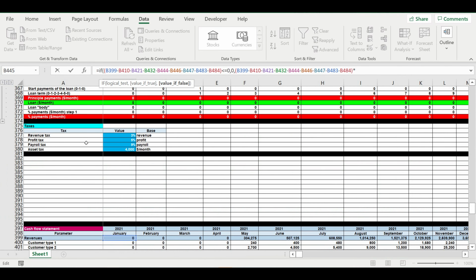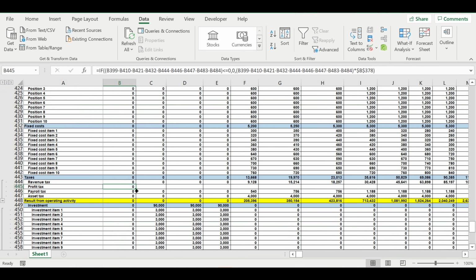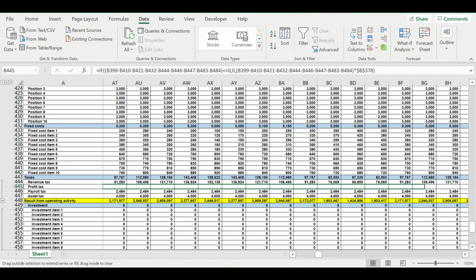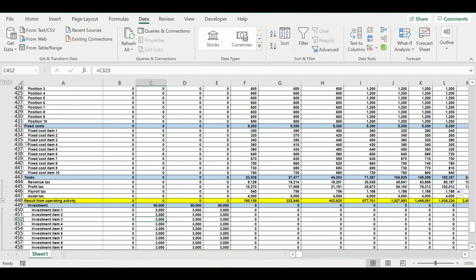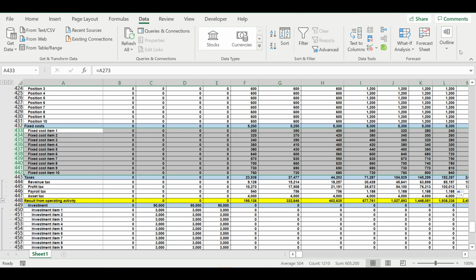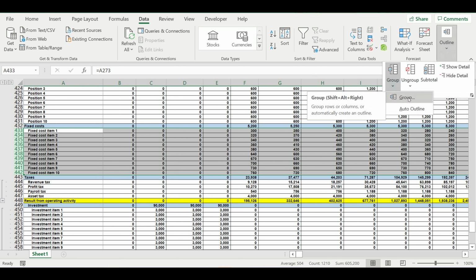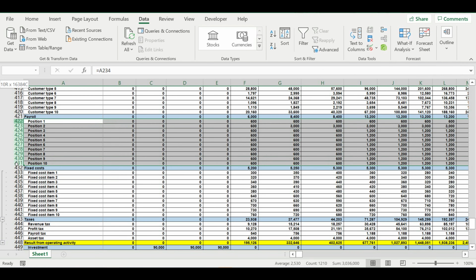If it is more than 0, then we multiply it by the value. Now we'll just group all the blocks of data.